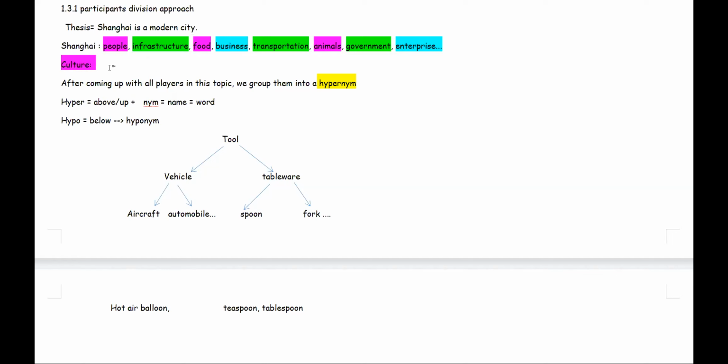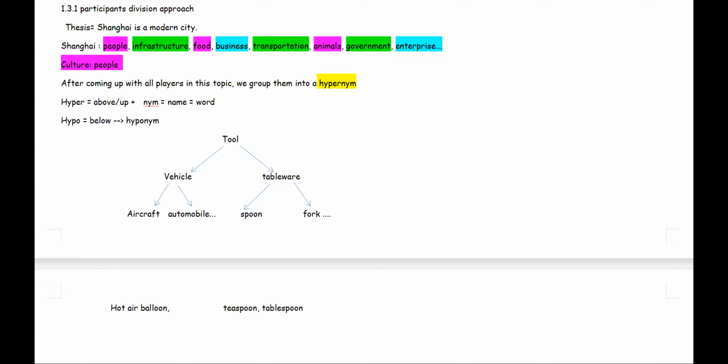Because a culture is what? A collective set of customs, belief system, from a group of people. That's called culture. So people's behavior, language, belief system, costume, right?